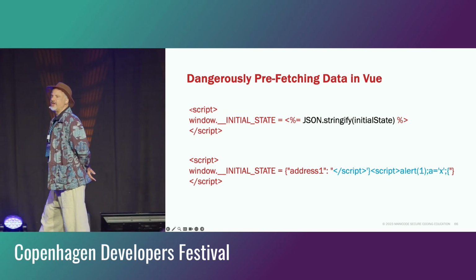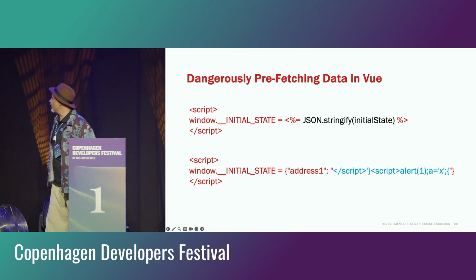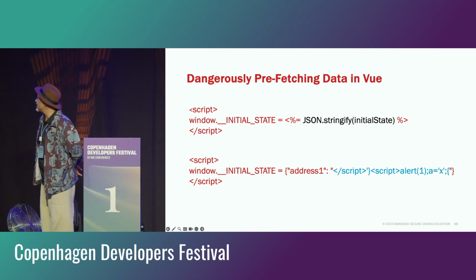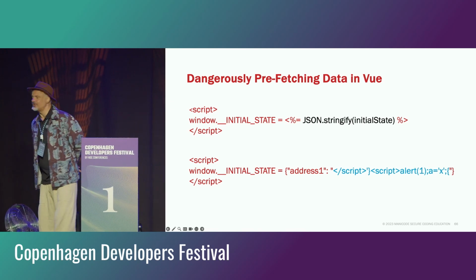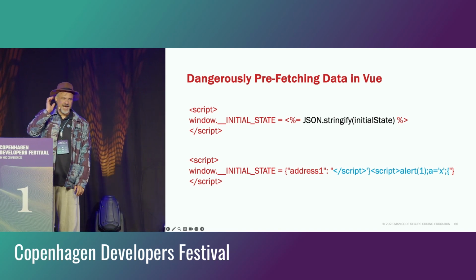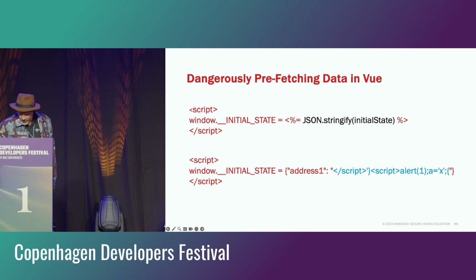Unfortunately, this is very bad advice that rippled through the community, right? And so I can set my address to end the script, end that JSON bracket, open up a new script with an attack payload, and bypass stringify. Stringify does not encode. It renders JSON raw, and that's a problem.